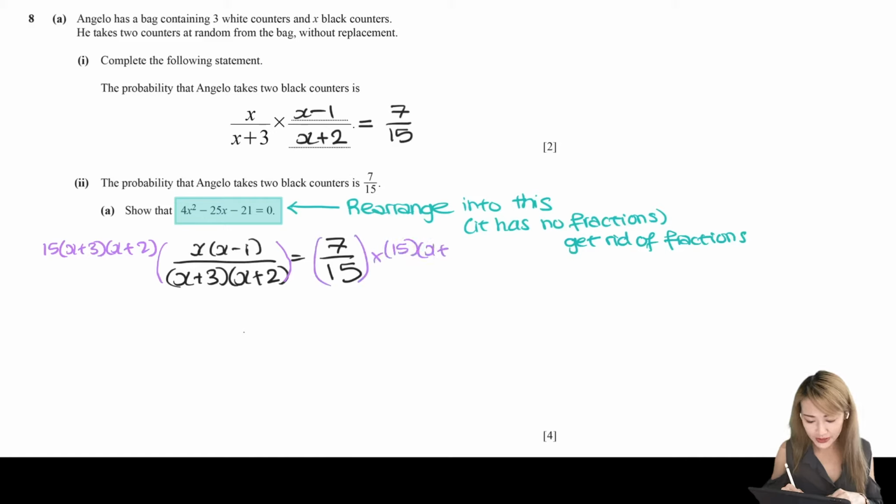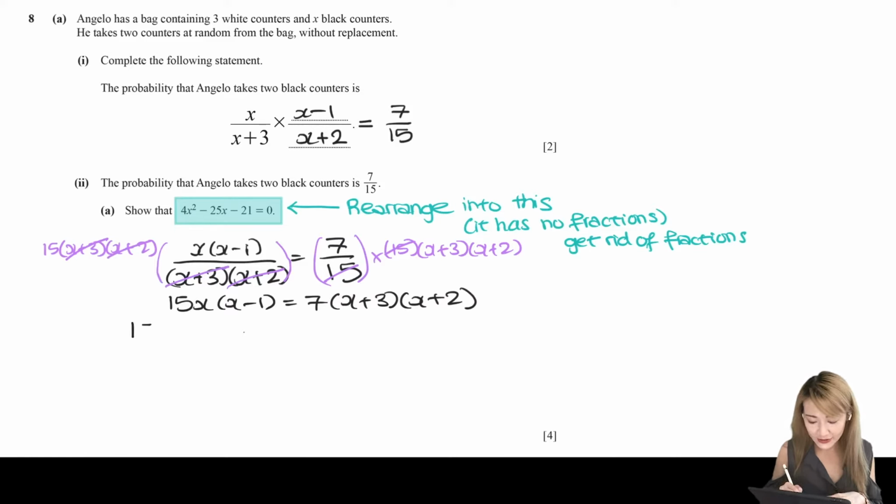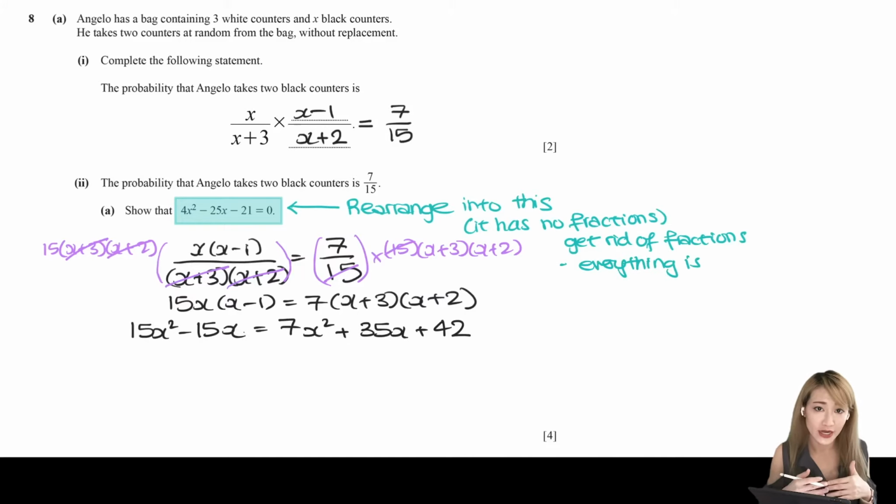And after doing that and canceling out the denominators, we will have 15x multiplied by x minus 1 equals 7 multiplied by x plus 3 multiplied by x plus 2. Then we can expand the brackets out. And then on the expression that we want, everything is also on one side and the other side is equal to 0. So we should be moving everything to the same side. So let's move everything to the left-hand side of the equal sign.